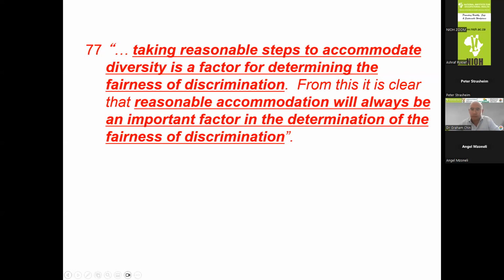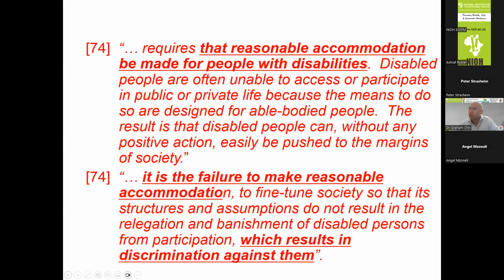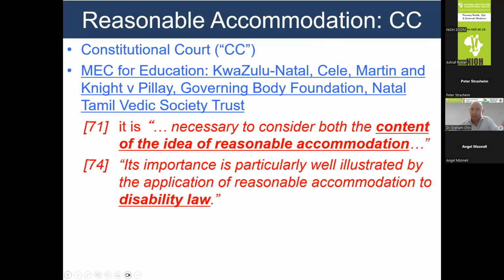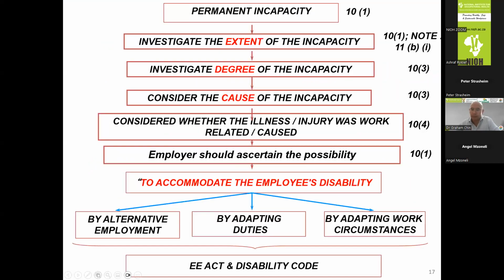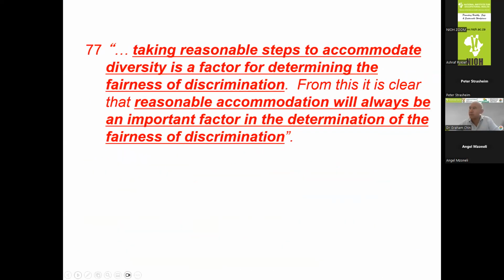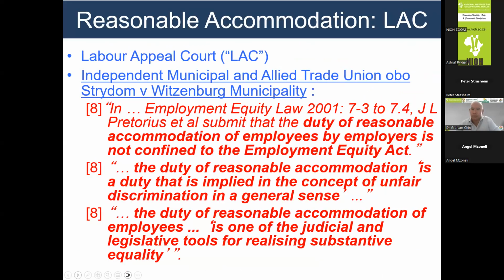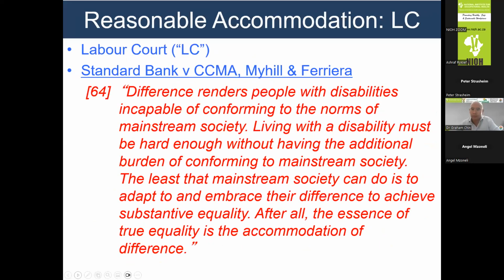For the person who's asking that question, would they please take a look by doing an internet search for the case of Standard Bank versus CCMA, Myhill and Ferreira. That dealt precisely with an employee who had a back injury and the duties of the employer to accommodate it.